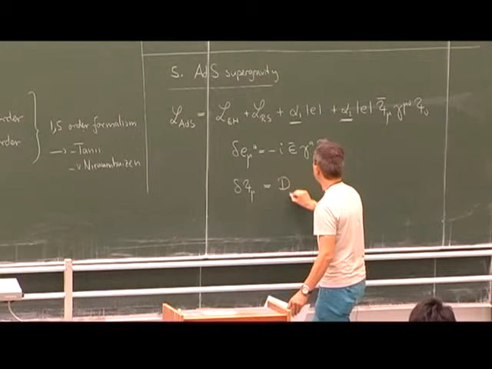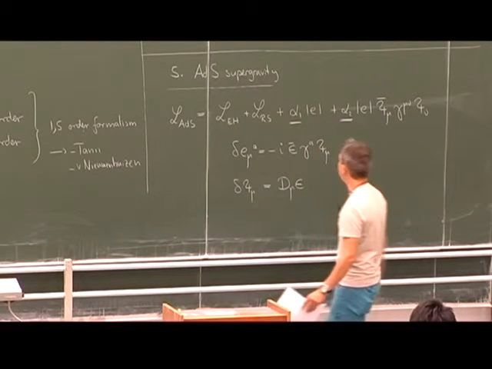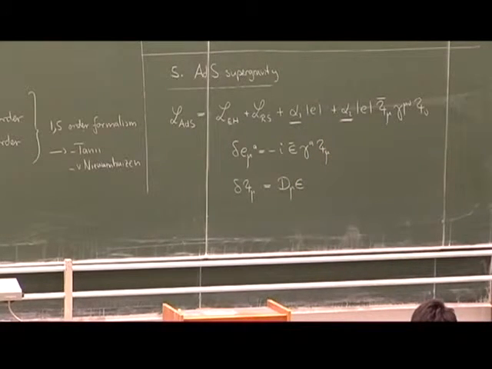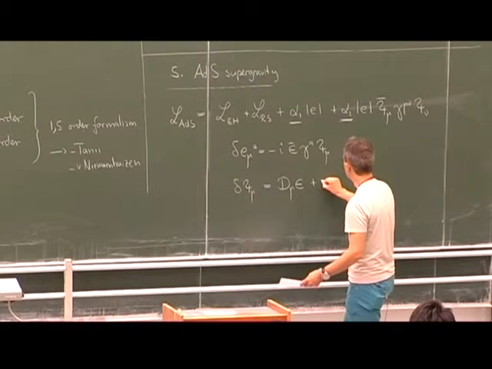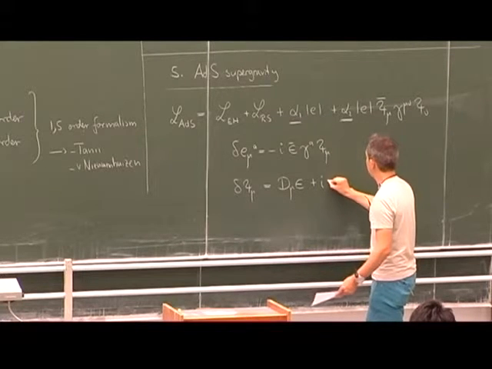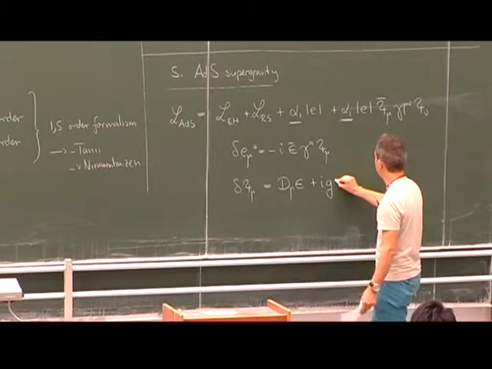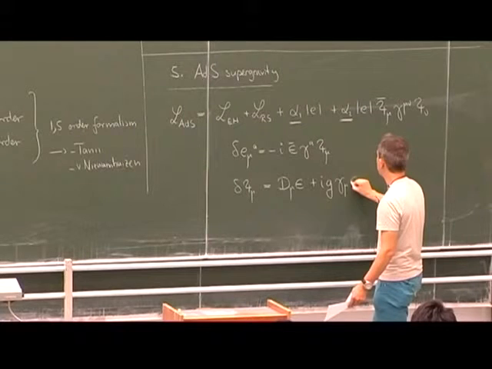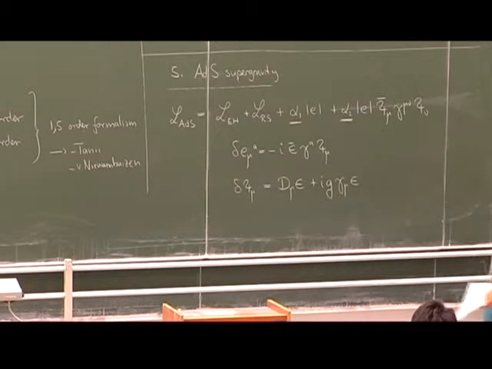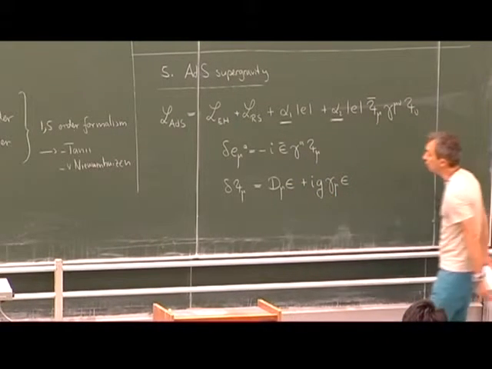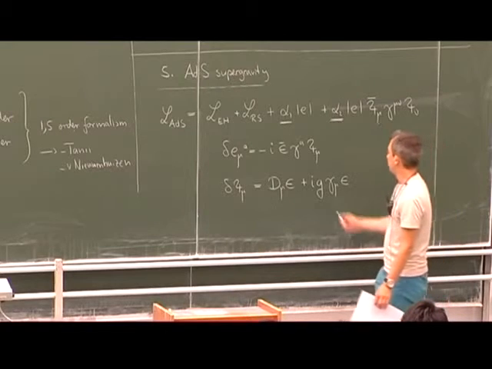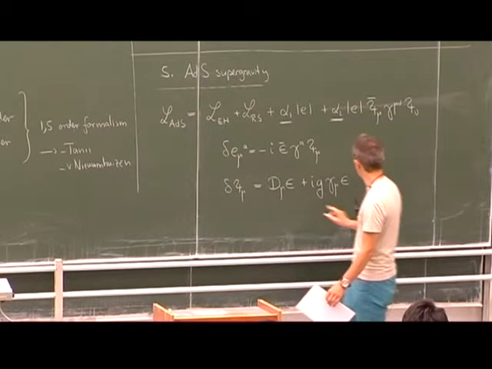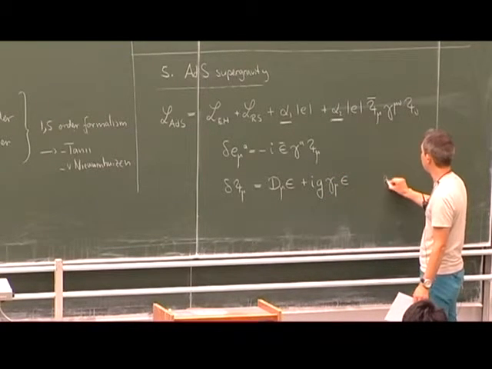I modify it by something which looks like a mass term, with a coupling constant g, gamma mu times epsilon. It's like a mass term which you add into this derivative. g is a real constant.